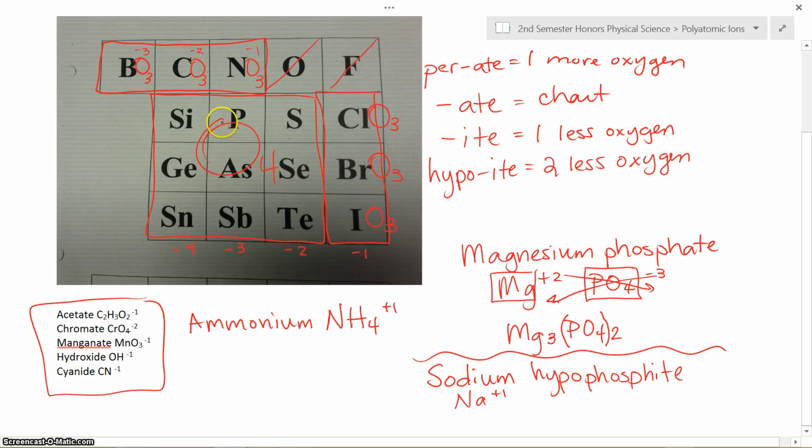Here's phosphate. Hypophosphite is 2 less oxygen. So instead of 4 O's, I would have 2. So it would be PO2, and it's still a -3. So this has to stay the same, this has to stay the same. I can move the charge. So I have Na2PO2.